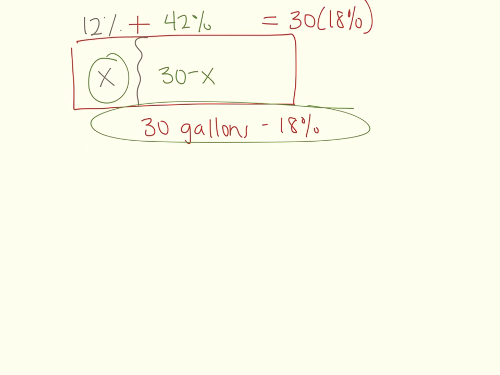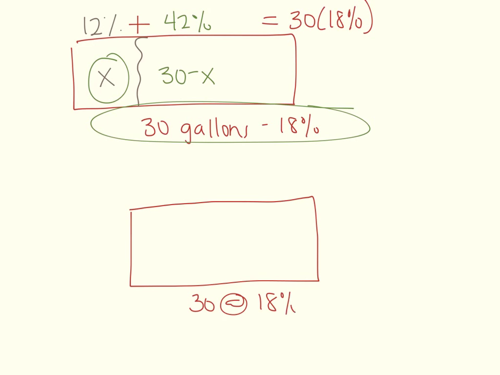Yes, so let's take a look at the picture of this again. Here's my 30 gallons at 18%. Part of that is 24 gallons, and the other part is 6 gallons, for a total of 30 gallons.